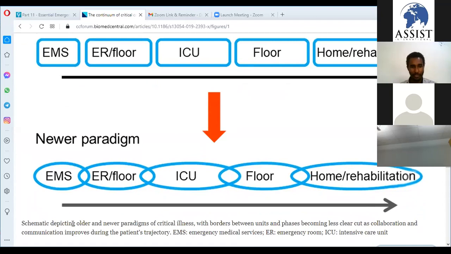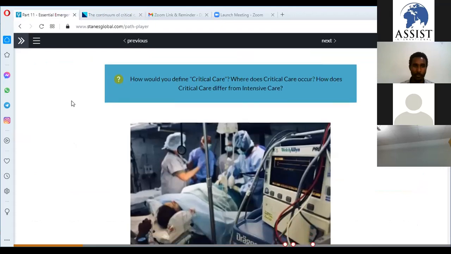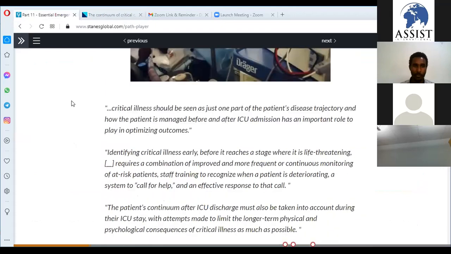The EMS and the emergency room should have important communication, and there should not be a gap between each continuum of the care. It shows how our collaboration, our communication, and timely, effective care improve our patient outcome. So always think of this interrelation between different units.